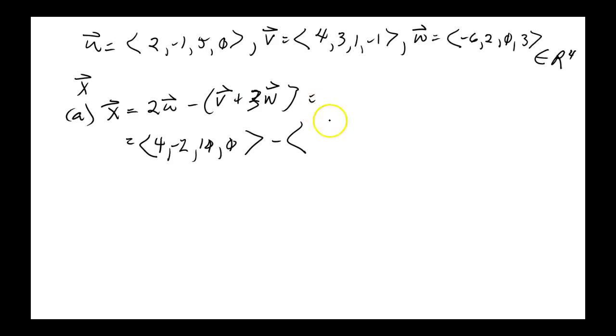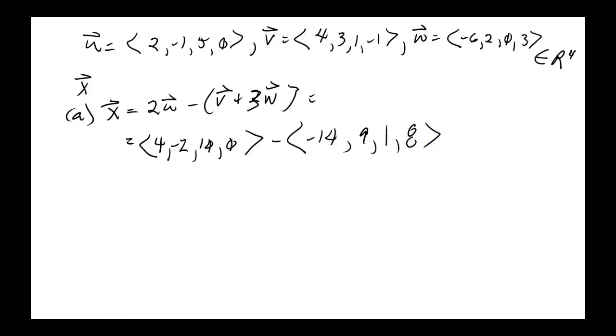-18, 6, 0, 9. So V plus that would be -14, 9, 1, 8. Okay.